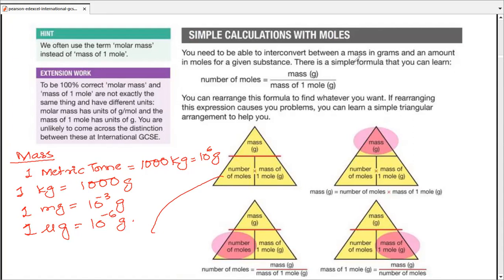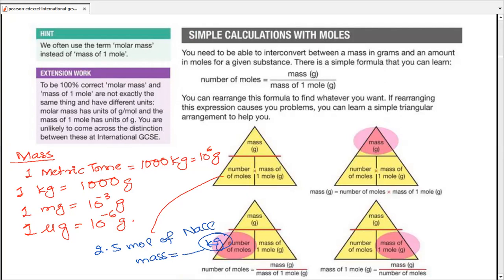Now, a couple of moments earlier, I gave you a question. The question was that there are 2.5 moles of NaCl, for which you needed to convert it into mass. What if I ask you the mass, but in the unit of kilograms? Now you already have the answer to this question.